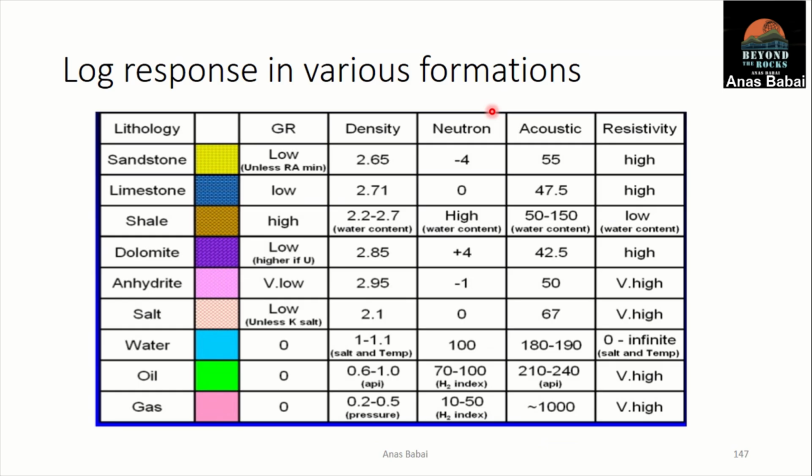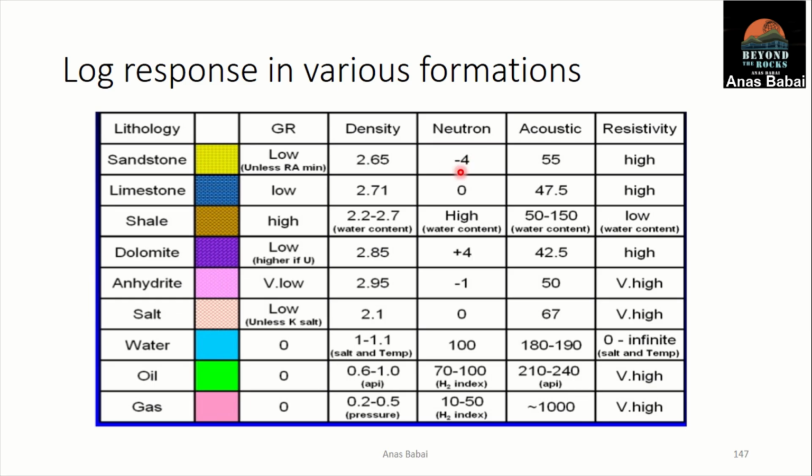Now this is a summarization of the log response before we go to our example. The gamma ray log, the density, the neutron, the sonic, and the resistivity. For sandstone, we will have, of course, low gamma ray. The density will be the density of the sand, which is 2.65, and the neutron will read negative.